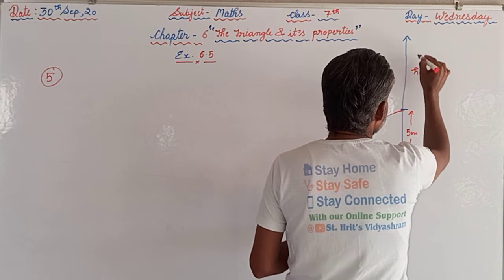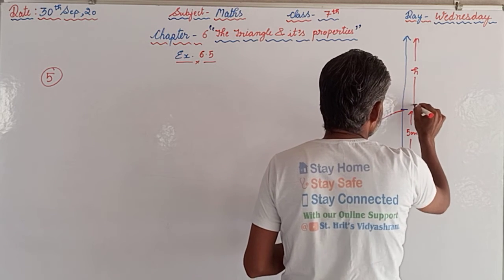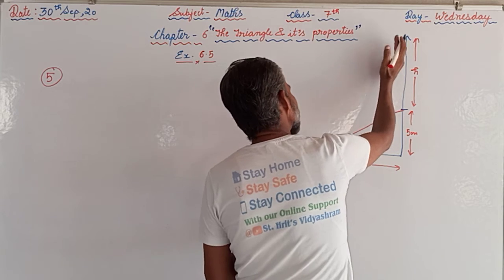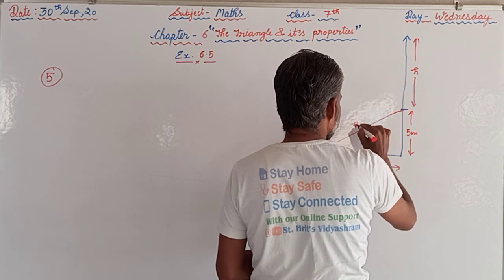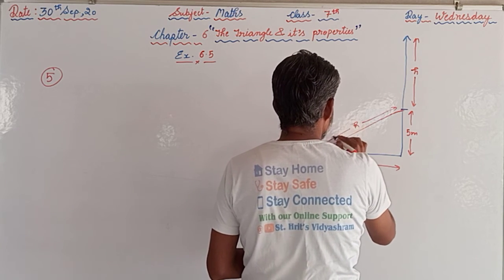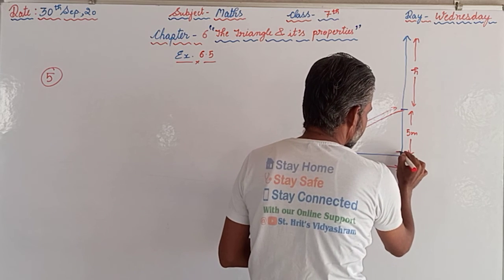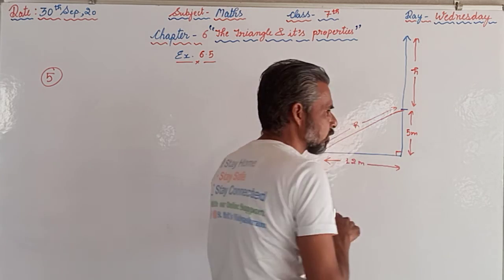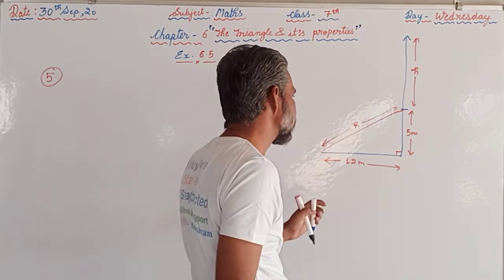Let this be h. So this was broken and this was like that, so this will be h, and you know that is a 90-degree angle because trees are always perpendicular to the ground.